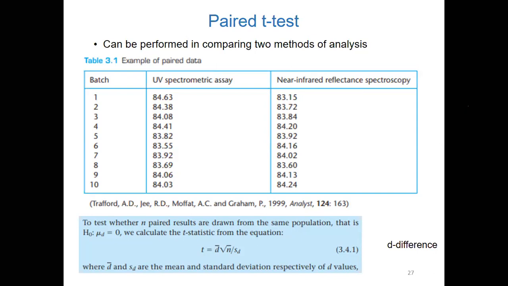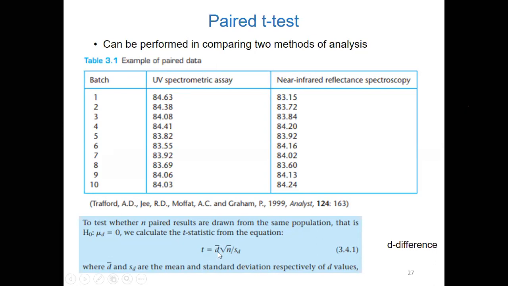Here also, to test whether n paired results are drawn from the same population, that is, the null hypothesis is that the mean value of the difference of the results equals 0, we use the t statistic from the equation. Now see, the equation is different.